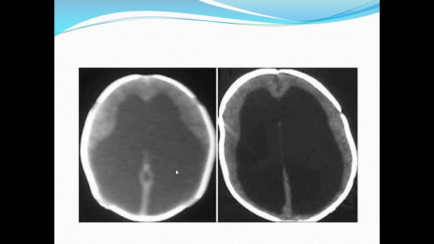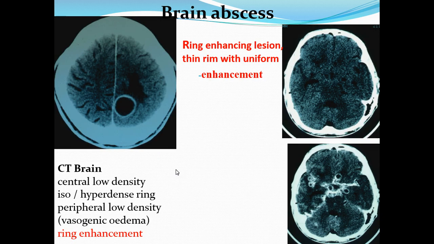Non-communicating hydrocephalus usually comes due to some stricture, which can be post-infectious, which can be from childhood, and which can be due to some atretic aqueduct, or it can be due to some tumor. So if the fourth ventricle is not dilated, it is non-communicating hydrocephalus, and some tumor-like pathology or stricture is there.